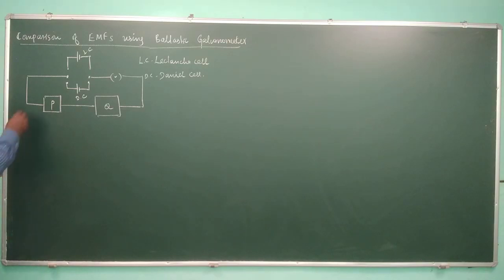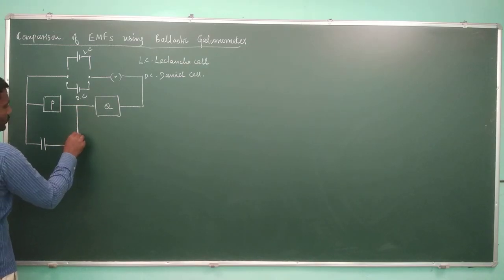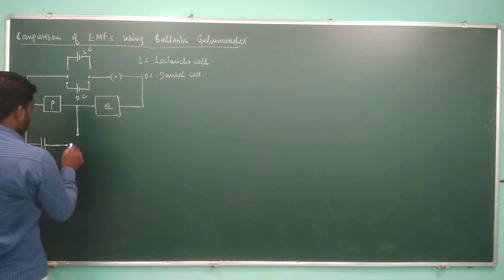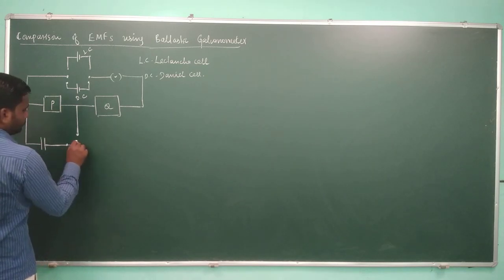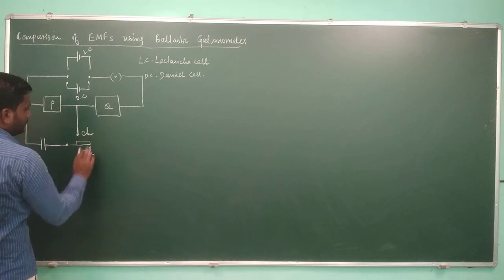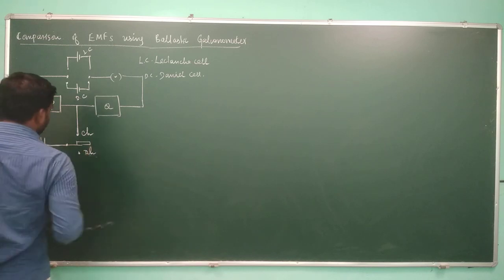Okay, and we are going to connect a capacitor across the decade resistance box P, and it is through a charge discharge key. This side is charge and this side is discharge.